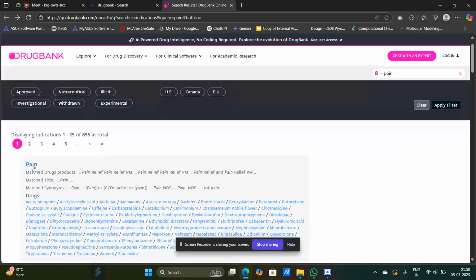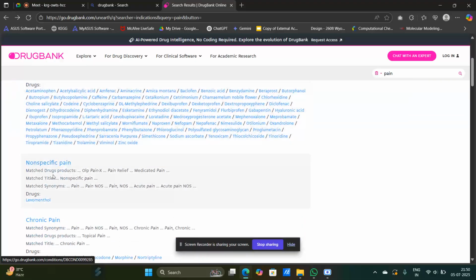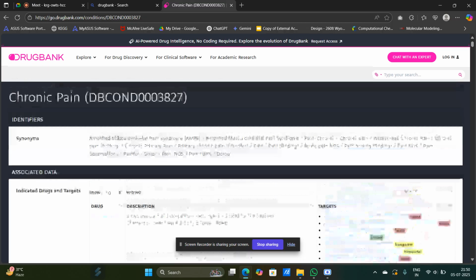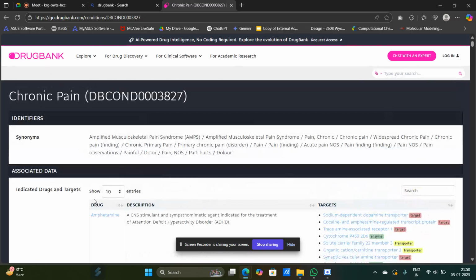So if you click on any one of these, let's just click on chronic pain. You can see morphine, which is a drug again, and ibuprofen is not here in the result. If I click on chronic pain, I get this result.